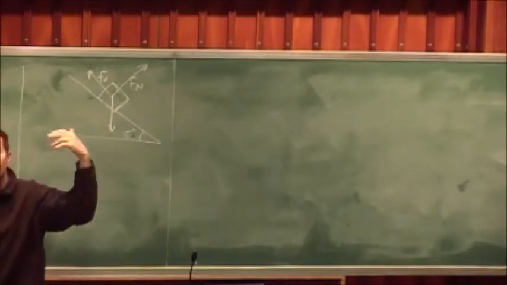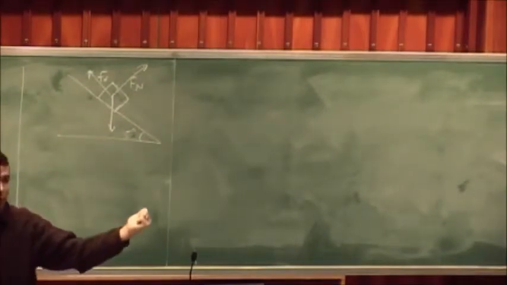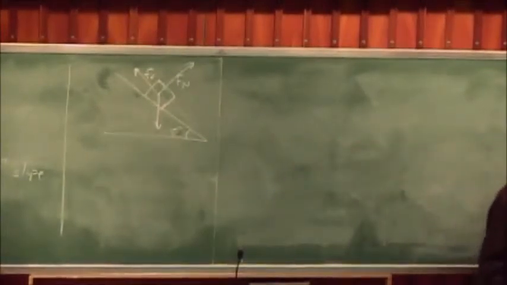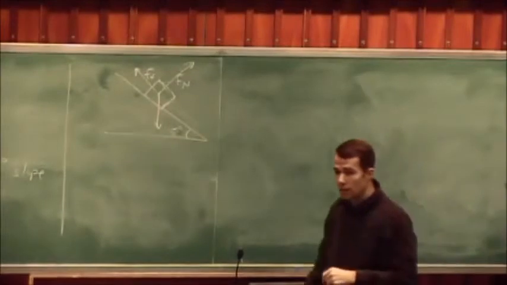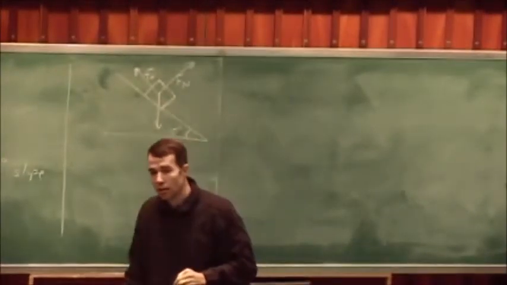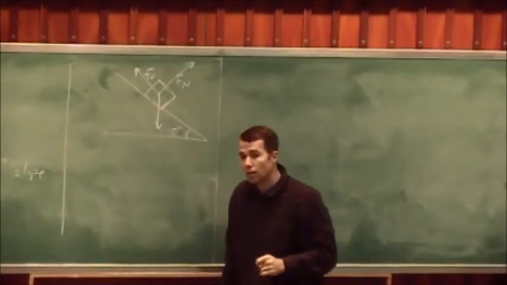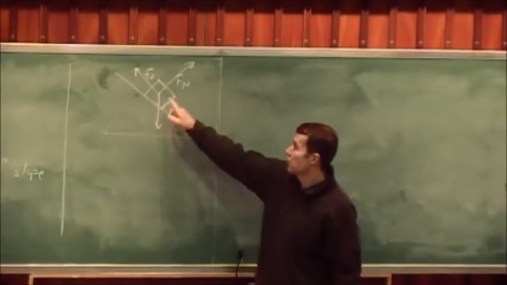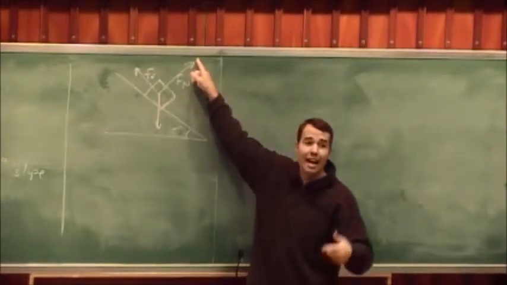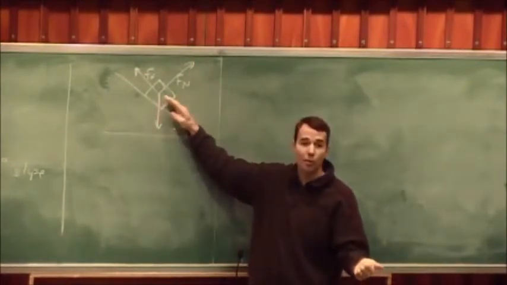Now, why is this going to affect the outcome? Why will this change it dramatically relative to this? There are 2 reasons. Yes? The normal force is now reduced because it's at a slope, right?